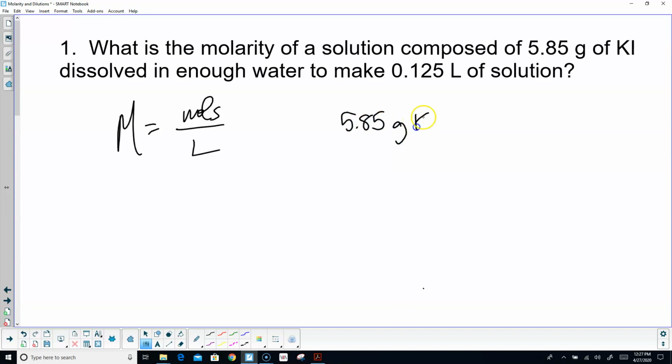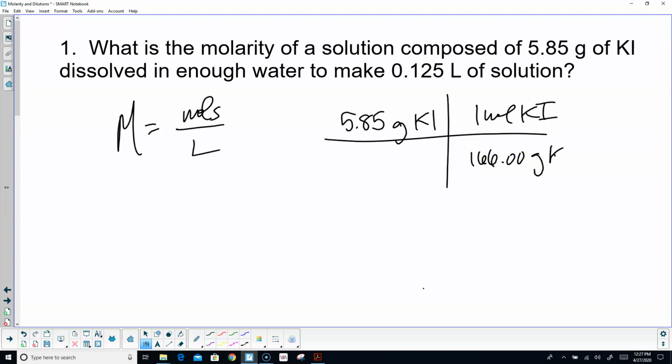5.85 grams of KI, and I want to make this into moles. Moles need to go on top. 1 mole of potassium iodide weighs 166 grams. Grams cancel, I divide, and this gives me 0.0352 moles, 3 sig figs because of those three.